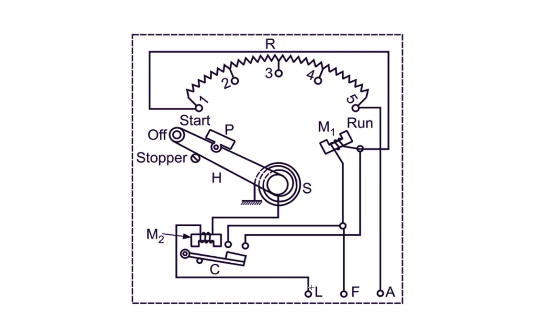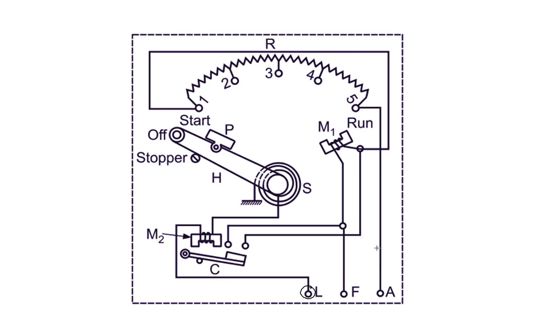and this 3-point starter is nothing but the L. This L stands for the line, F stands for the field. Here you can draw one field, and here one armature winding. Now how can we draw the armature winding?